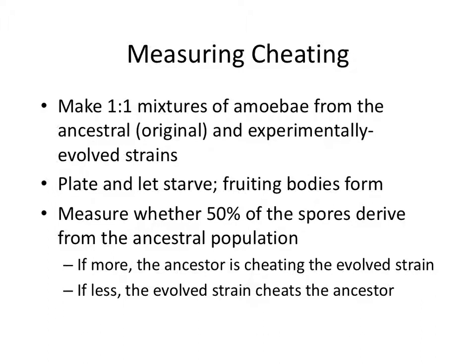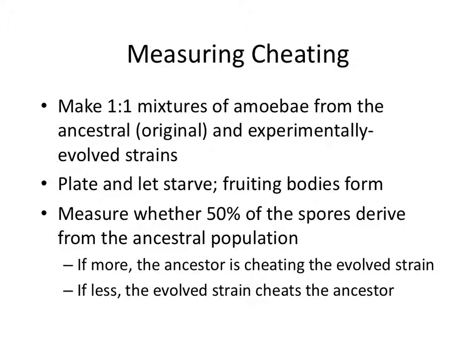The test then is, you let those organisms grow until they starve and form fruiting bodies, and then you take the cells that become the fruiting body, and you ask, is there still an equal mixture of the two populations, the unlabeled and the labeled?